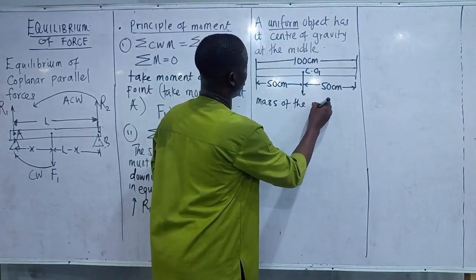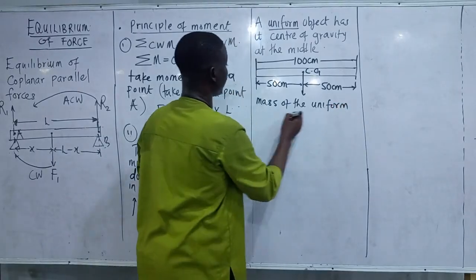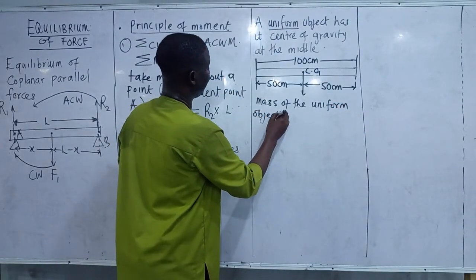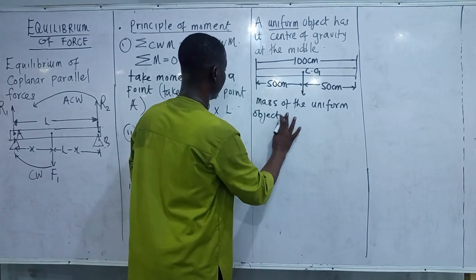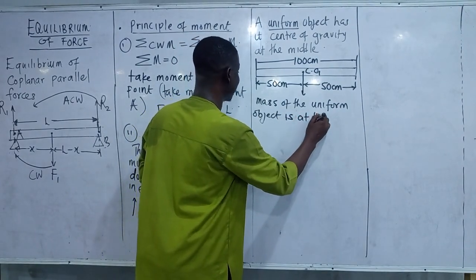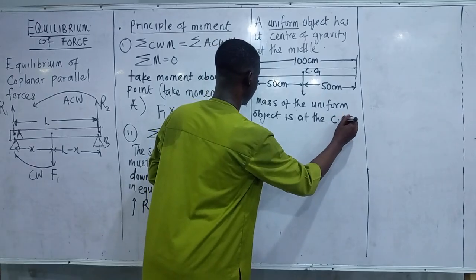the mass of the uniform object is at the center of gravity.